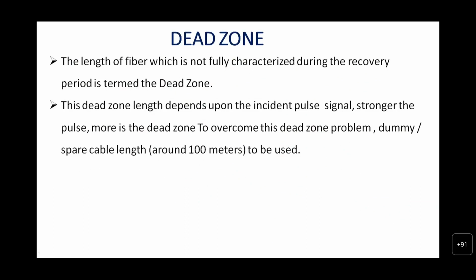So the dead zone: the length of the fiber which is not fully characterized during the recovery period is termed as dead zone. This dead zone length depends upon the incident pulse signal. Stronger the pulse, more the dead zone. To overcome these dead zone problems, a dummy or spare cable length of approximately 100 meters will be used.